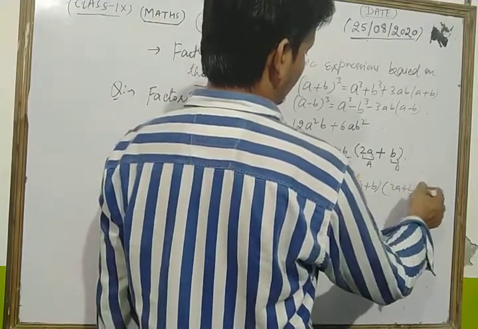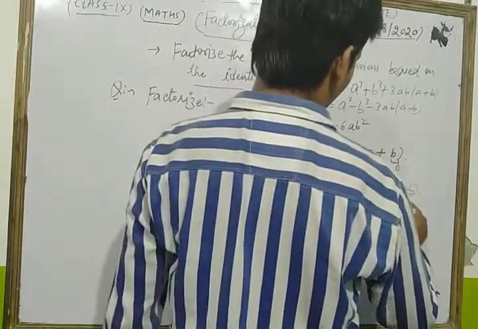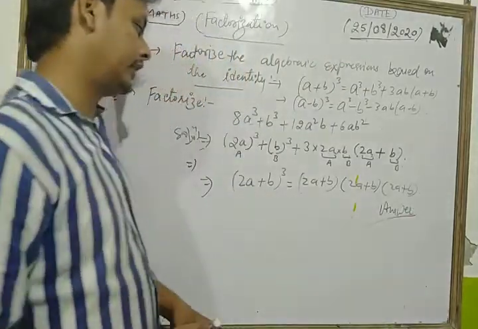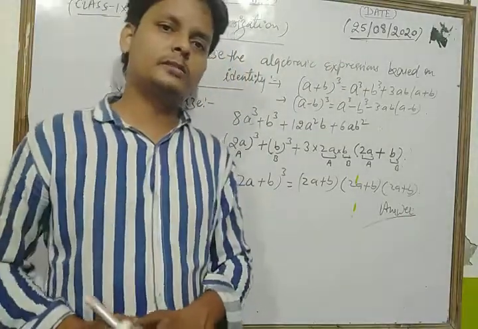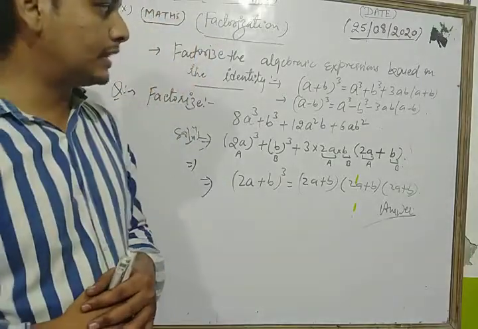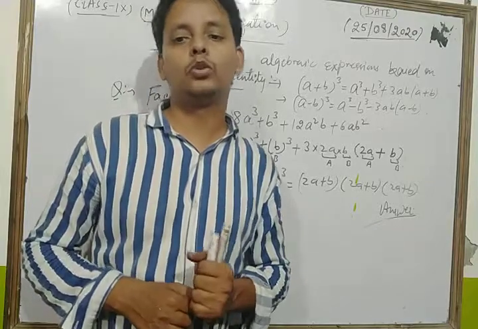Hence this is our final answer. Okay, so dear students, you can solve each and every question of your NCERT exercise based on the identity a plus b whole cube and a minus b whole cube in this way.